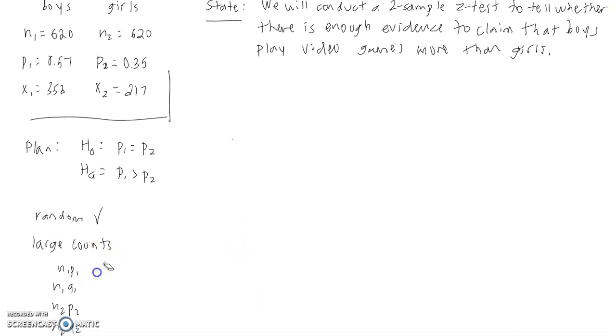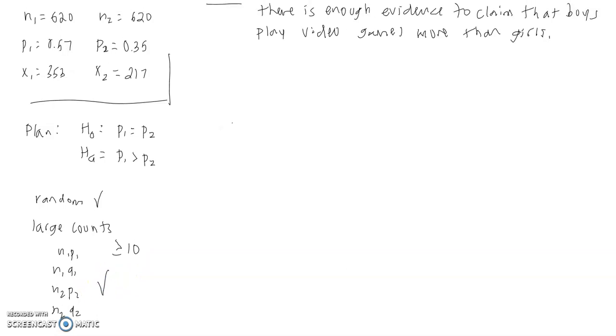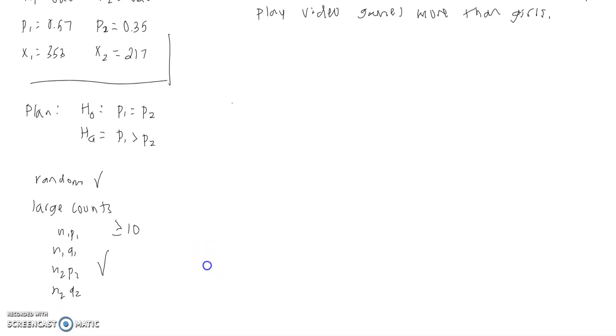Greater than or equal to 10. And then Q would just be the 1 minus the P, so 0.43. And then N2, P2. So these are all going to come out to be greater than 10, clearly, as we're working with our N being 620 and multiplying by these large fractions, so they will be greater than 10.